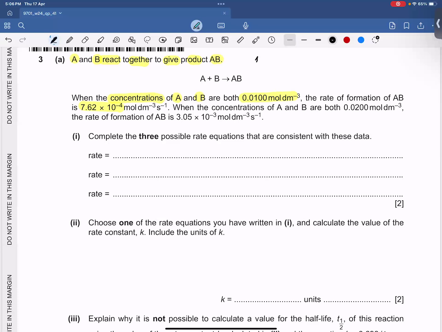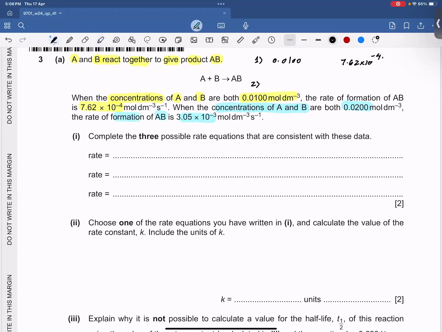So in the first experiment, concentration is 0.0100, and the rate of reaction is 7.62 into 10 to the power minus 4. In the second experiment, when the concentration of A and B are both 0.02, the rate of formation of AB is this.